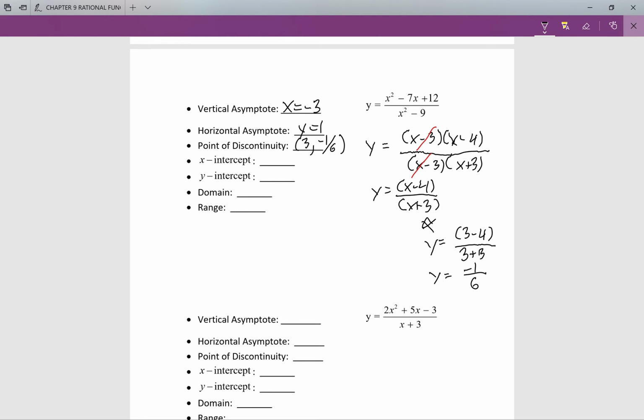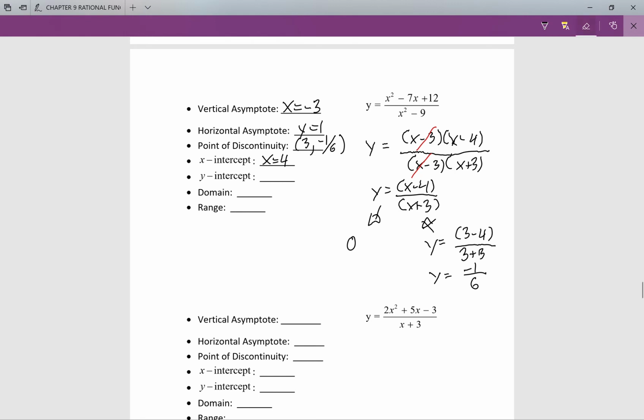My x-intercept occurs when the numerator is going to equal 0, so it'll be at x equals 4. My y-intercept occurs when x equals 0.